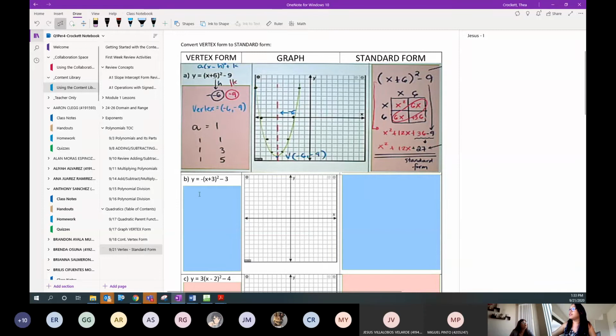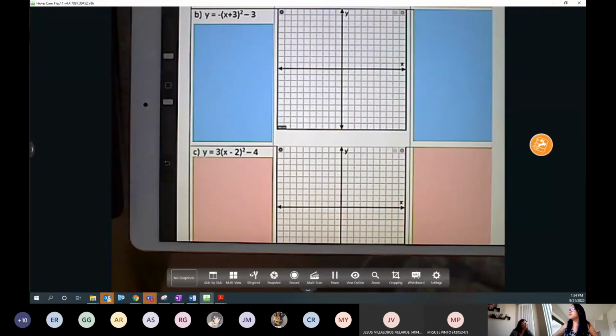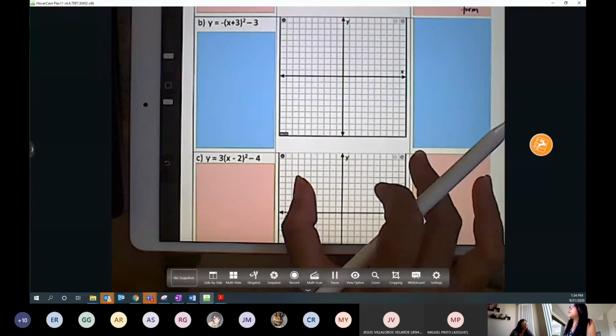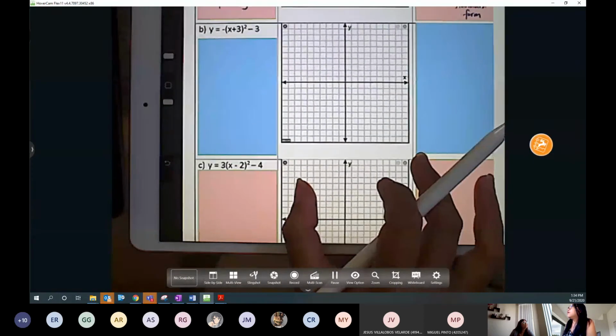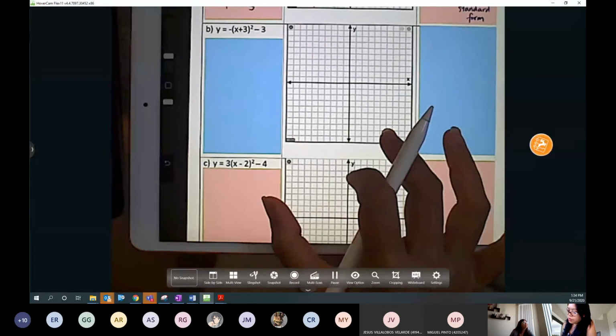All right, okay, next. -x plus 3 squared minus 3. All right, so we're gonna start with the vertex.